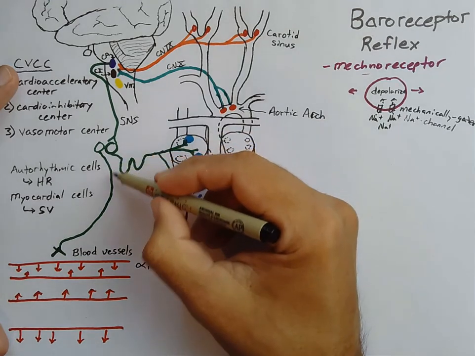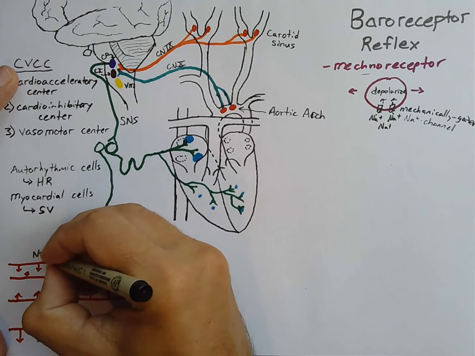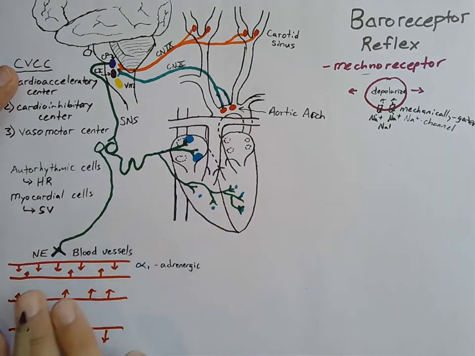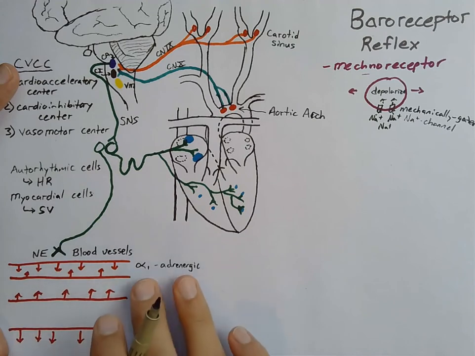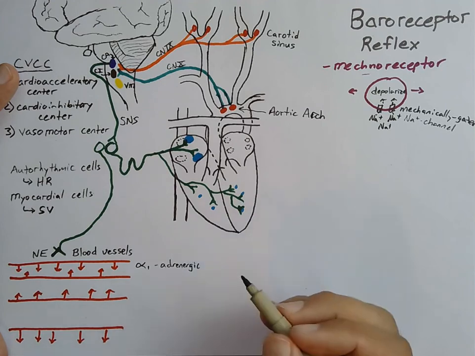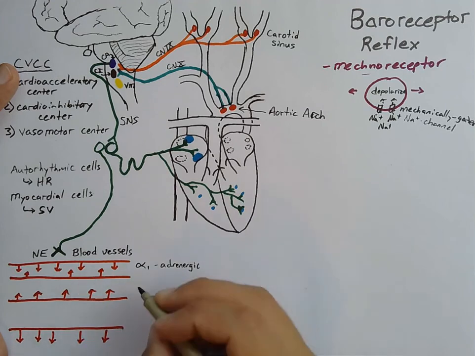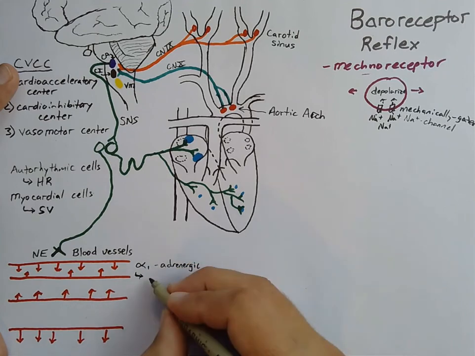When the sympathetic nervous system is activated, we're going to be releasing norepinephrine, and that's going to land on most blood vessels of the human body. The norepinephrine is going to activate alpha-1 adrenergic receptors. Pretty cool. Alpha-1 adrenergic receptors are excitatory, which is going to end up resulting in vasoconstriction.